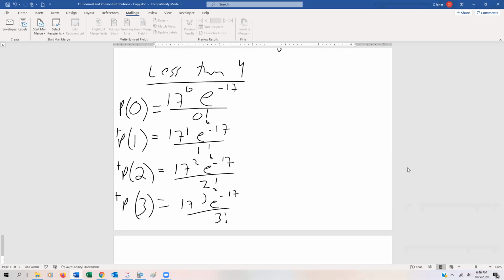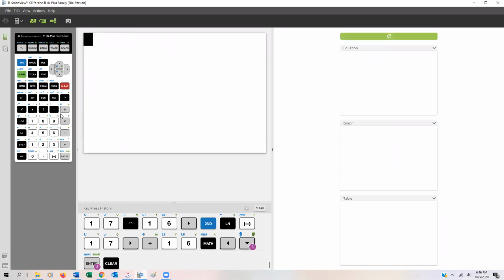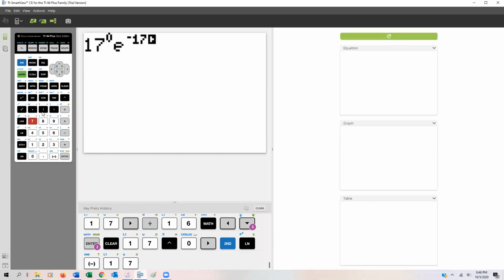In our calculator, bear with me for a moment and maybe do this along with me to make sure I don't make any errors. 17 raised to the 0, and then e to the minus 17 divided by 0 factorial.